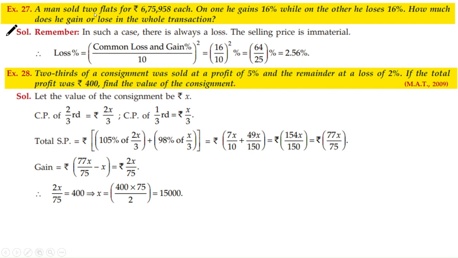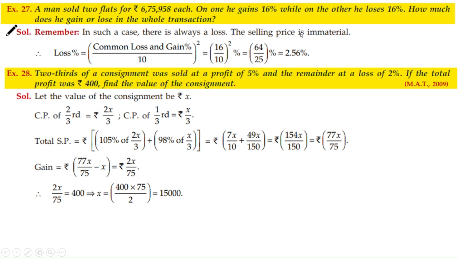A man sold 2 flats for rupees 6,75,958 each. On one he gains 16%, while on the other he loses 16%. How much does he gain or lose in the whole transaction? Remember, in such a case, there is always a loss.